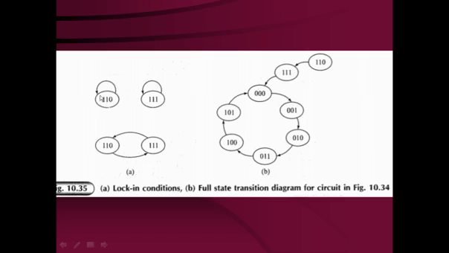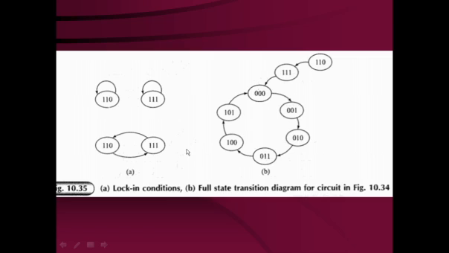Again, it will come back to the same state. If it is in state 7, then it also remains in state number 7 only. That means a no-change condition will be maintained. So nothing is going to happen and the counter ceases to operate. Or, if it is in state number 6, it can go to state number 7 and with the next clock pulse it will go back to 110. That means it will go back and forth between these two states only.